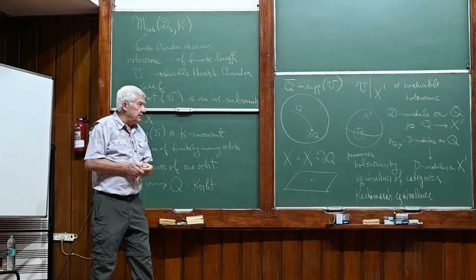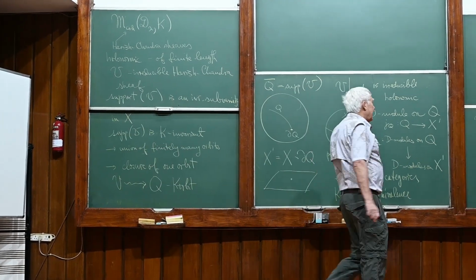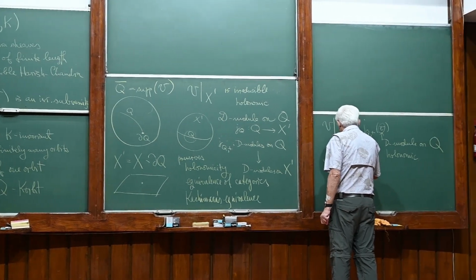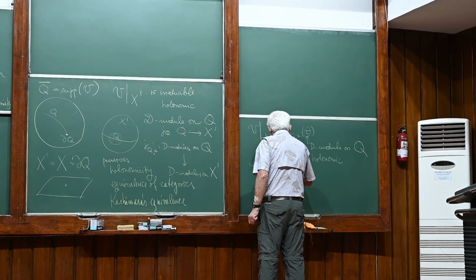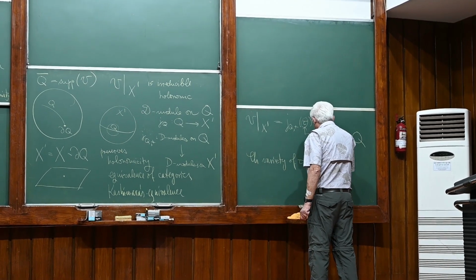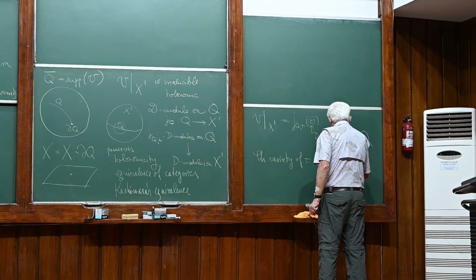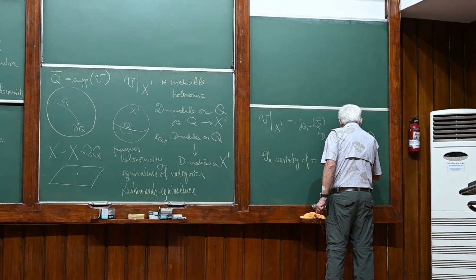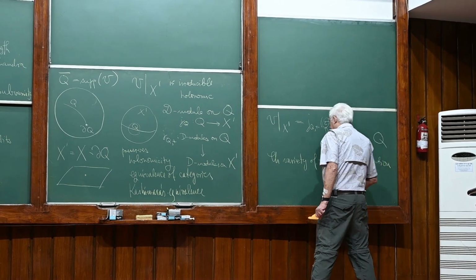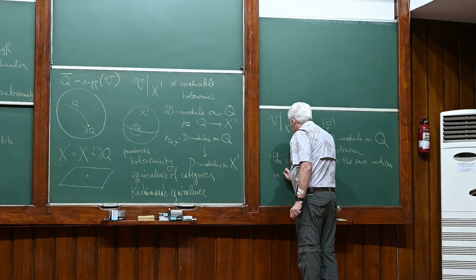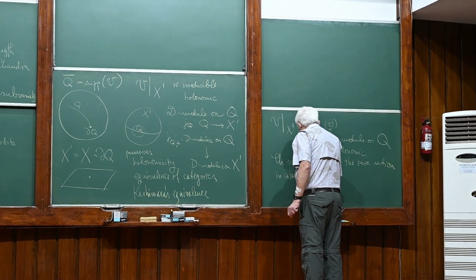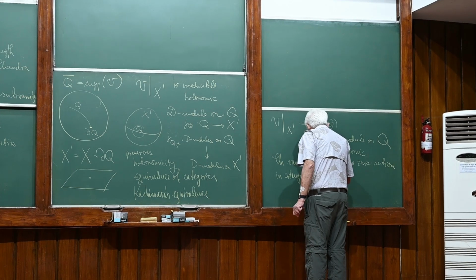So the conclusion of this discussion is that the characteristic variety of tau is the zero section in the cotangent space.